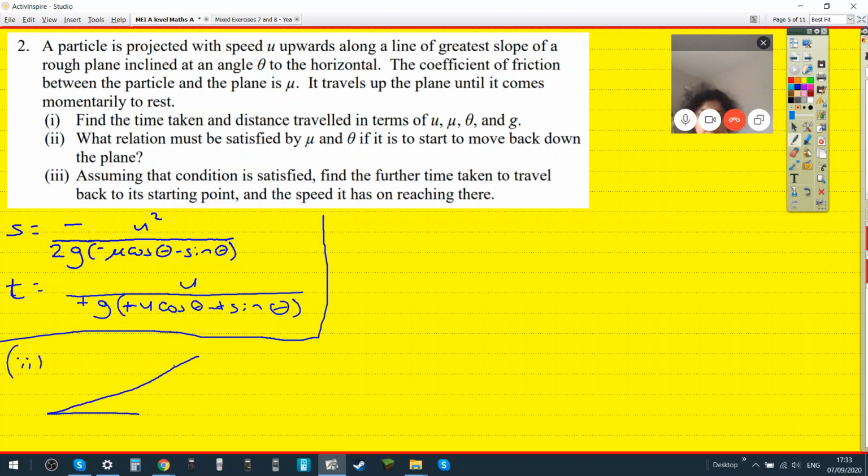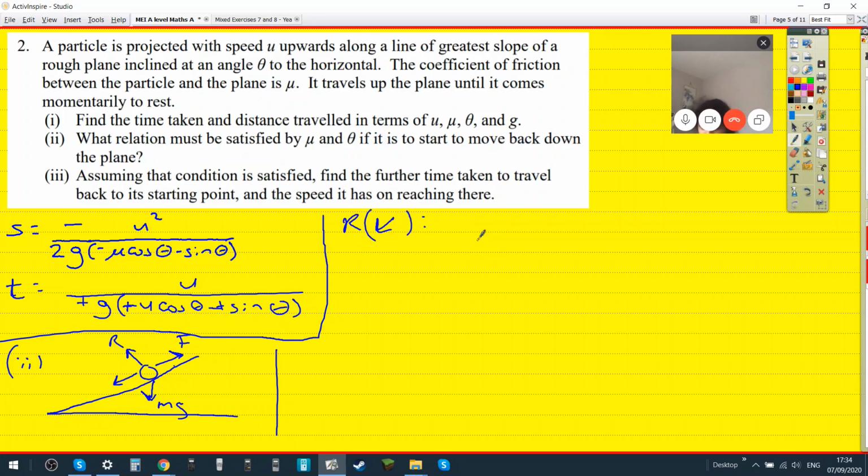So, if it starts rolling down? Yeah. So do they mean just like find? Okay. So now friction is this way? Yeah. So now it's rolling down this way. Okay.